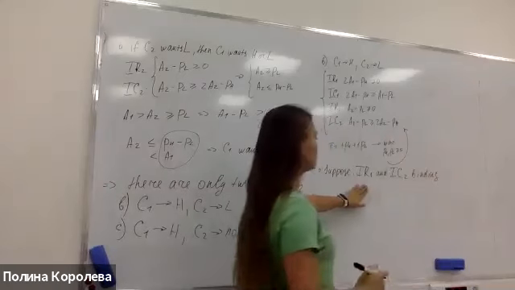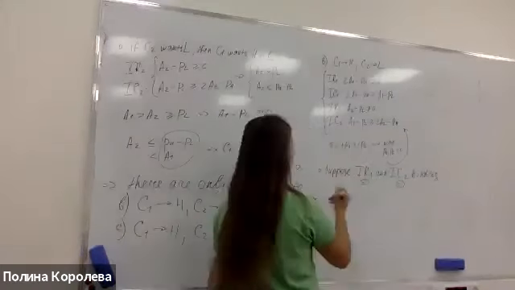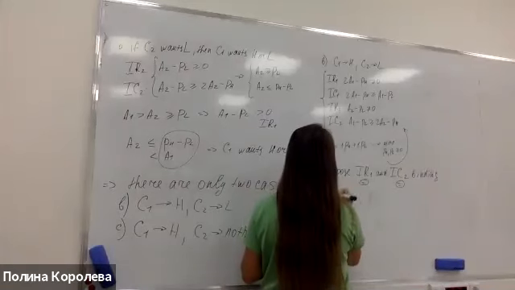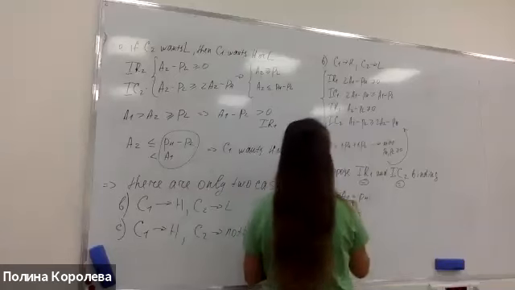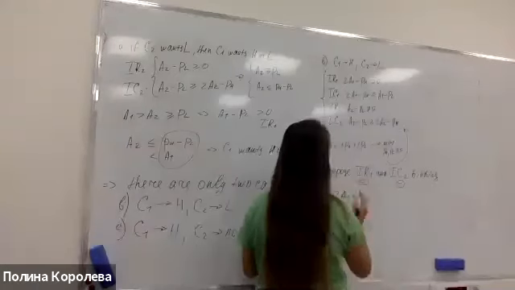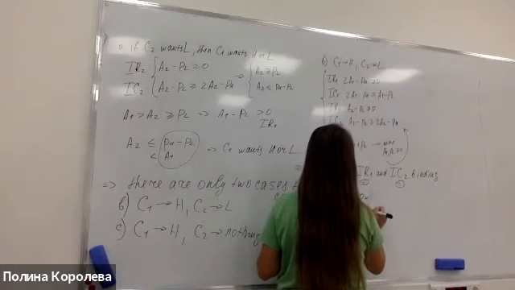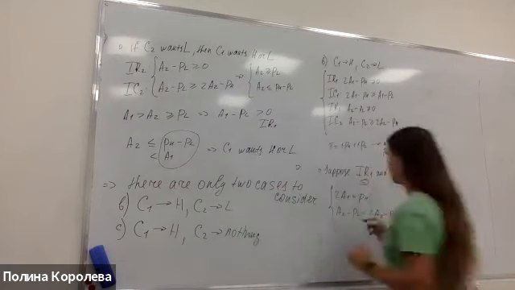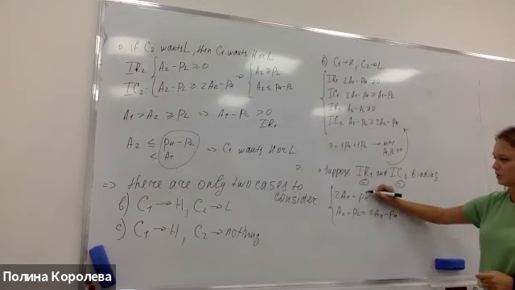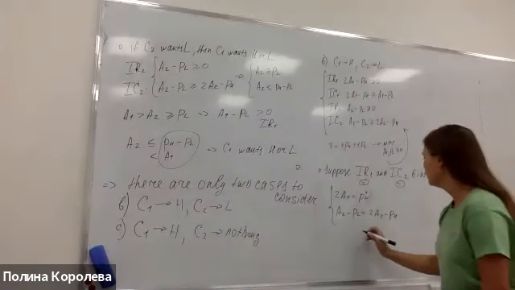Let's check. What means binding? They equals with equality. So, from here, 2A1 equal to price of high quality, and for the second, A2 minus price of low quality equal to 2A2 minus price of high quality. From here, this is pH star, put into the second, and solve.